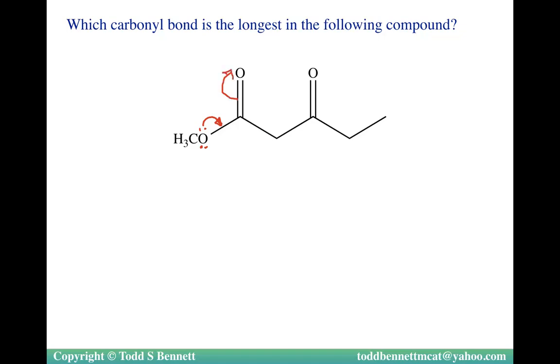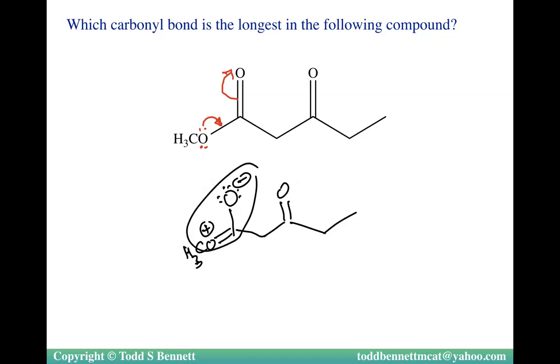So if I were to draw this structure now, I will notice I now have a double bond there. Single bond there. And then the rest of the structure is just the same.